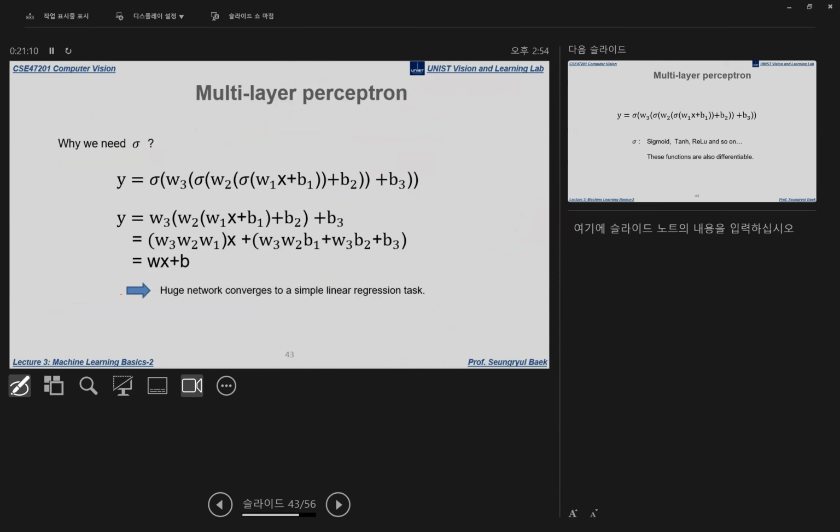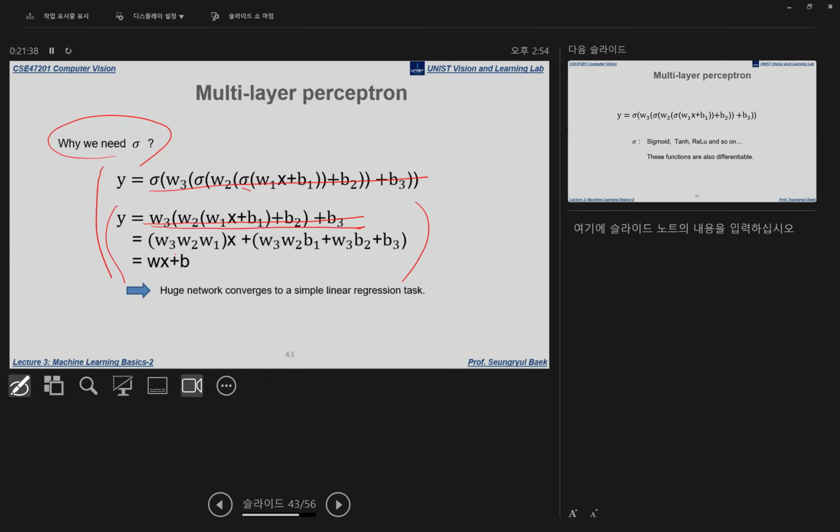But you may ask why sigma is required here. I will explain that later, but let's assume there is no sigma in this formula.